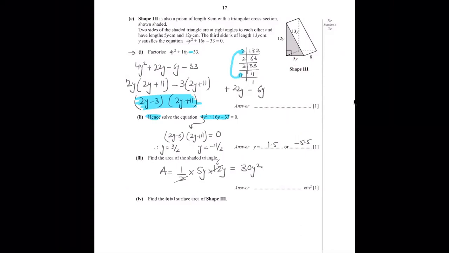So for the following part, I'm going to use y as 1.5. So when you use y as 1.5, what area do you get? 30 times 1.5 square, 67.5.